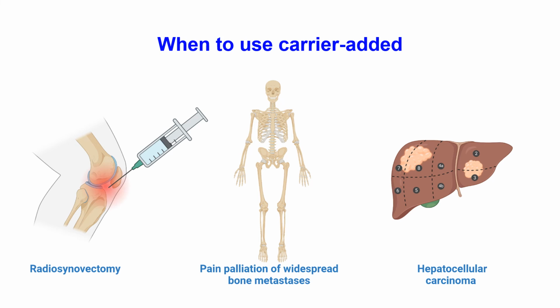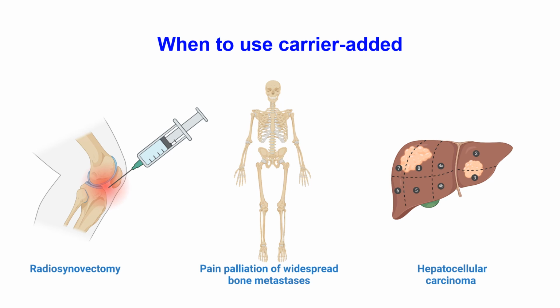It depends on the availability of the target, the receptor. If it's a tumor with very little receptor expression, it's probably not a good idea to use carrier added. But if it is an area of interest that has a wide expression and there is no limitation on the amount of binding sites, you can still use carrier added.